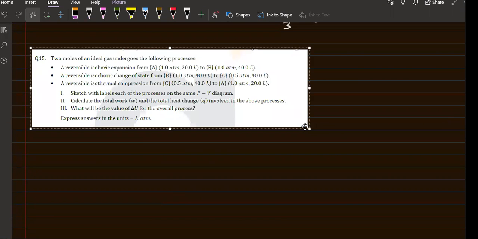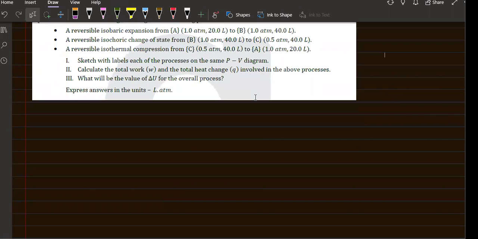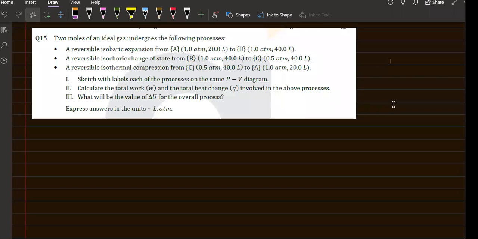Just go through the problem, everyone. Read this problem once.